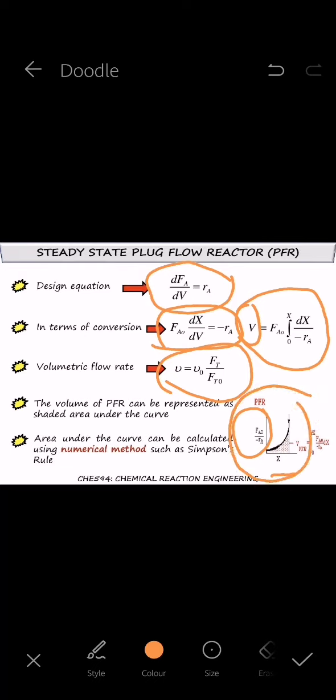So volume dia adalah tu, the area under the curve. And how to calculate that volume is actually you need to use a numerical method such as Simpson's rule. So Simpson's rule ni you ada belajar masa first year hari tu dalam numerical method.